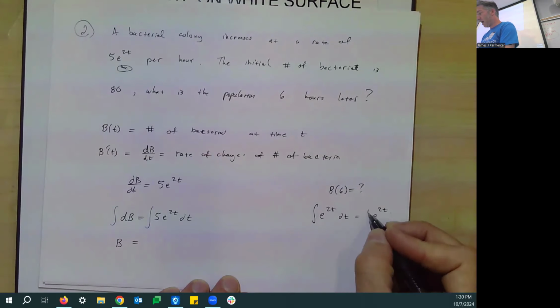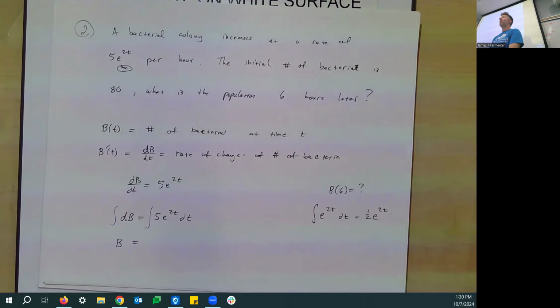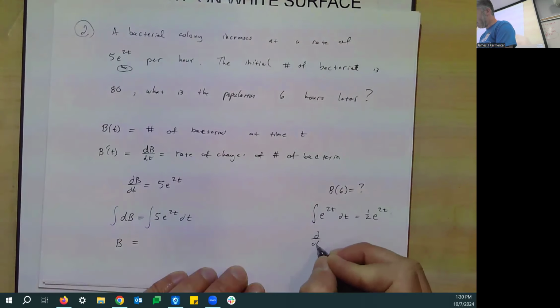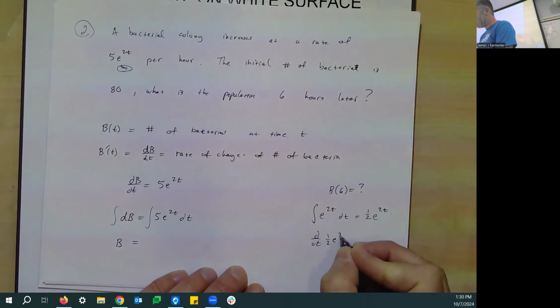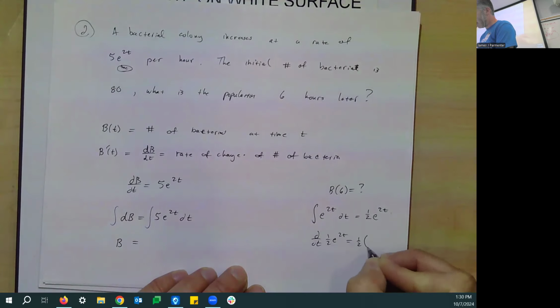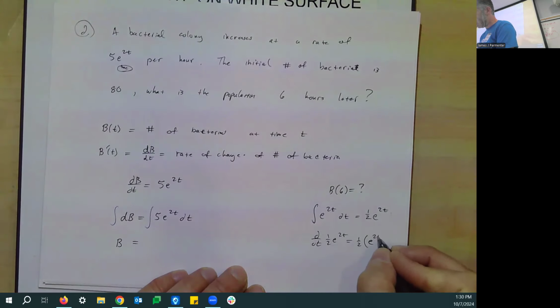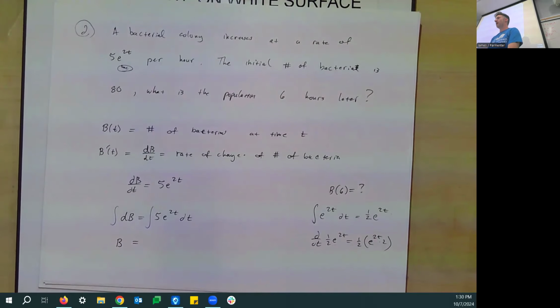So I need a 1/2 out here to compensate for the 2 that we would multiply by if we took the derivative. And that checks out. The derivative of 1/2 times e to the 2t is 1/2 times the derivative of e to the 2t, which is e to the 2t times 2. And I know I said u substitution and I didn't do it at all.